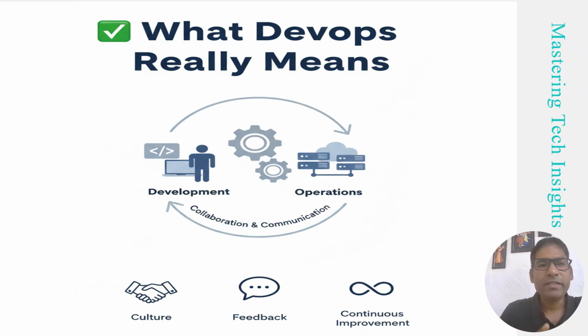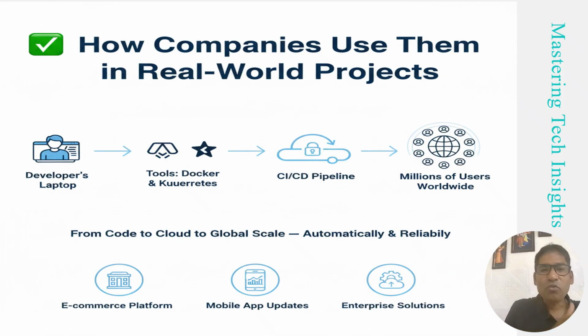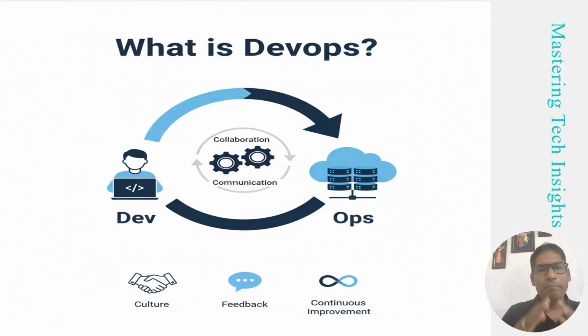First of all, what DevOps really means, how tools like Docker, Kubernetes and CI/CD pipelines actually work, and how companies use them in real world projects. By the end of this video, you will clearly understand how software moved from a developer's laptop to millions of users worldwide, automatically and reliably. Let's start with the basics.